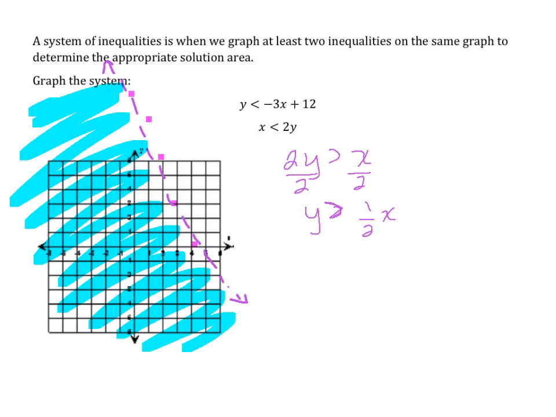But we start at 0, and we go up 1 over 2, up 1 over 2, up 1 over 2. And this one will also have a dashed line. And this time we want to shade above this line.